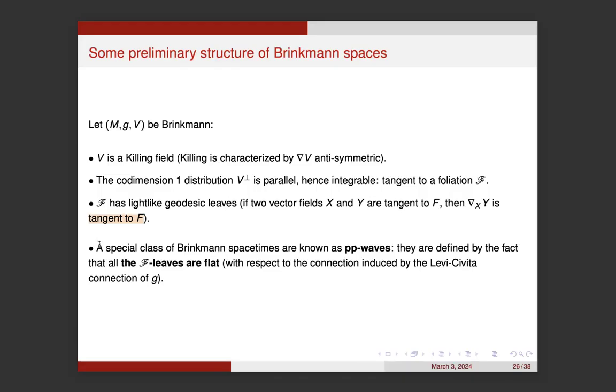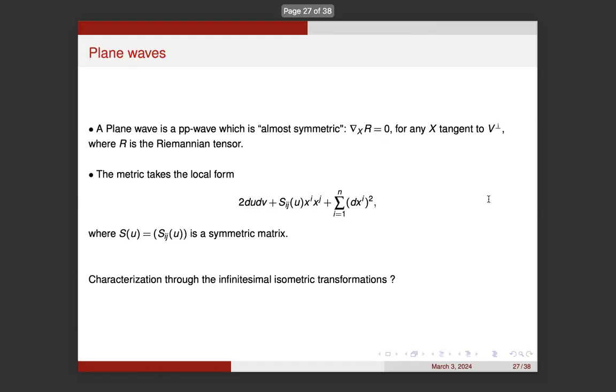And a special class of Brinkmann spacetimes is known as PP waves. A PP wave is a Brinkmann manifold for which the leaves of this foliation, with respect to this connection, are flat. So a PP wave is a Brinkmann manifold plus this flatness of the leaves. And a plane wave is a special case of PP wave.